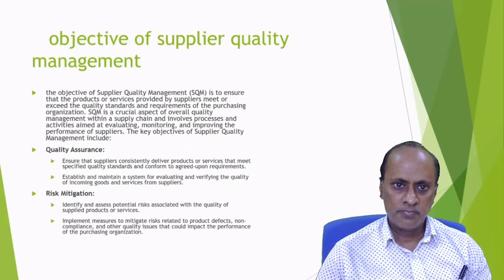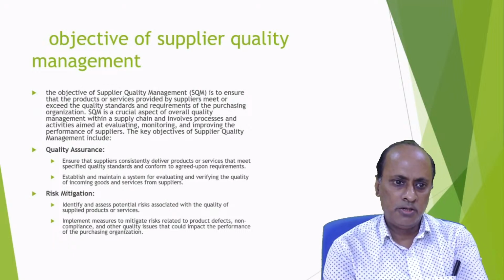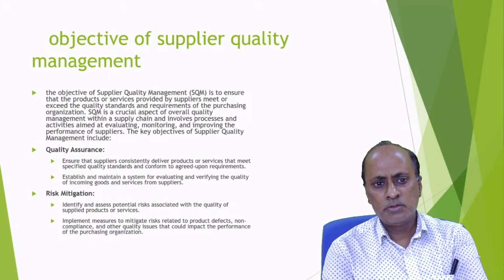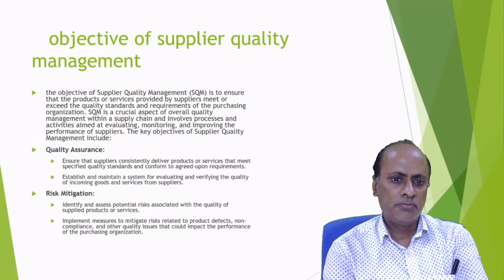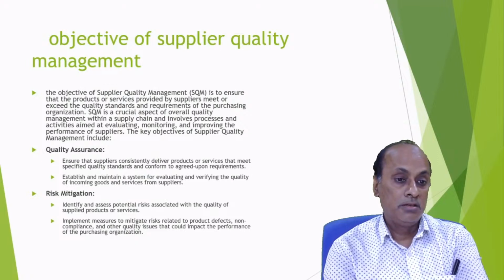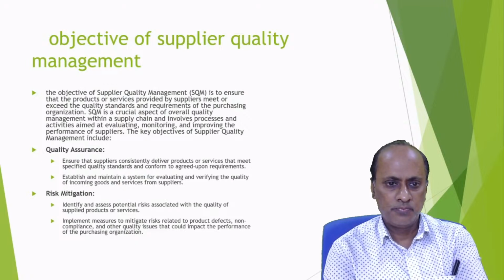Yes. What is the objective of supplier quality management? The objective of supplier quality management is to ensure that products or services provided by the suppliers meet or exceed the quality standards or requirements of the purchasing organizations.